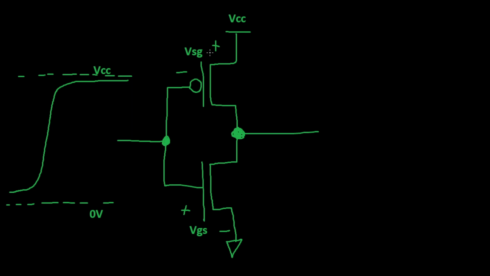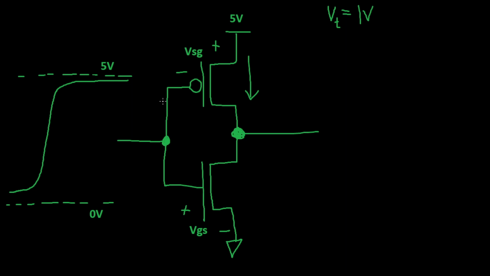So for the sake of our explanation here, let's replace VCC with a specific voltage. And let's say that the threshold for each of these devices is 1 volt. So we're going to just call VT equal to 1 volt. So in the event that VSG is larger than 1 volt, then this PFET will be turned on and will allow current to flow through it.